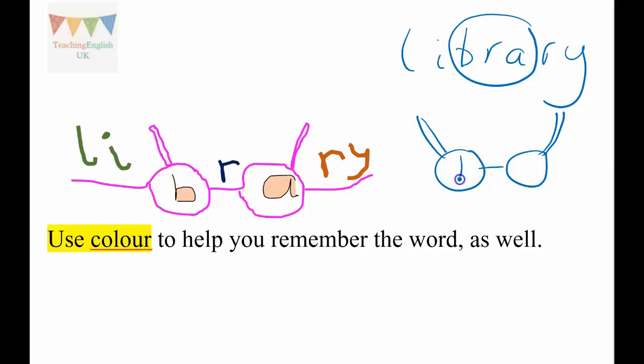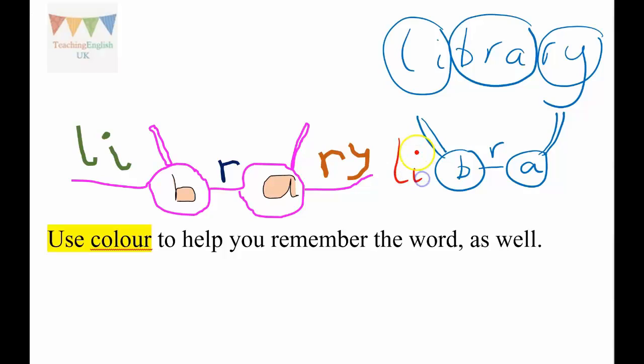And what he then did was insert the word bra into the middle. Then he just needed to remember the Li, and the RY. And he did this by changing the colour that he was using. So he wrote the Li and the RY in a different colour, and then he also used colour to colour in the bra. That's how I go.